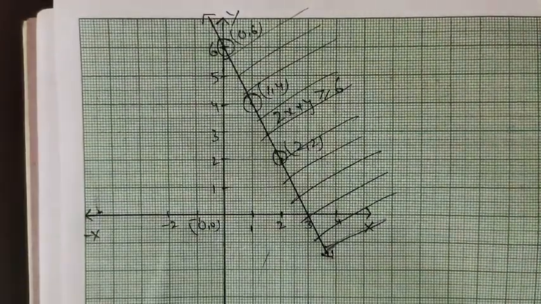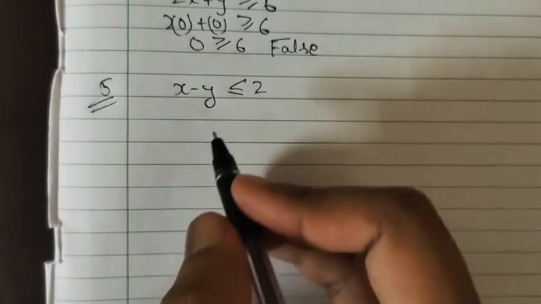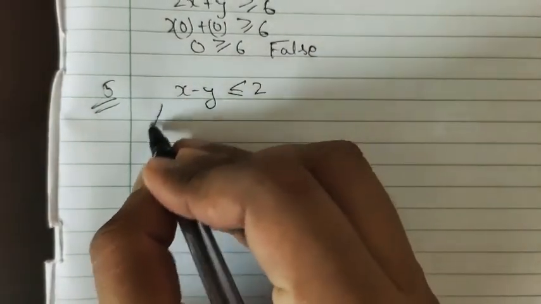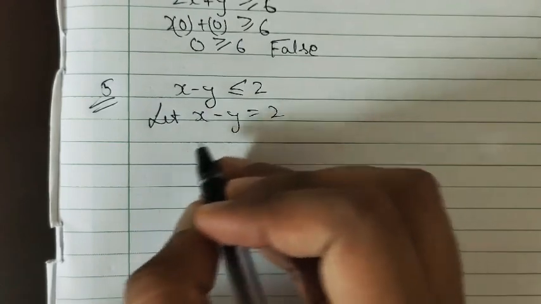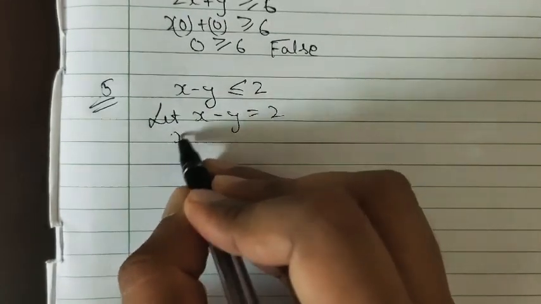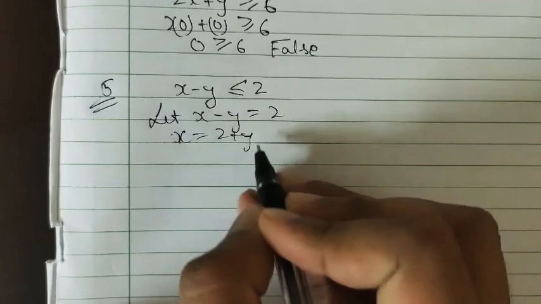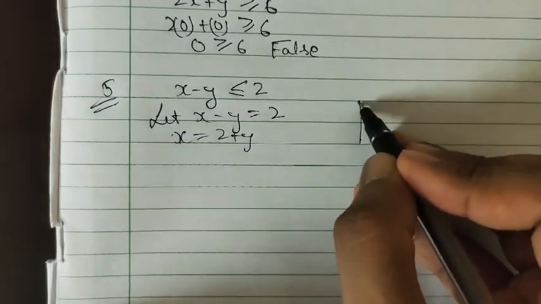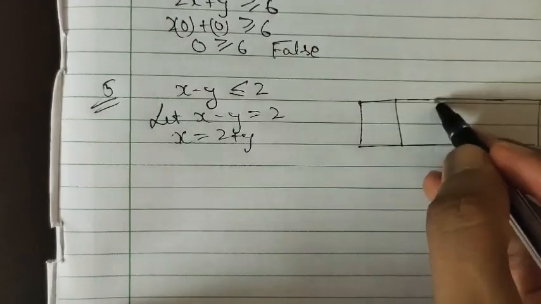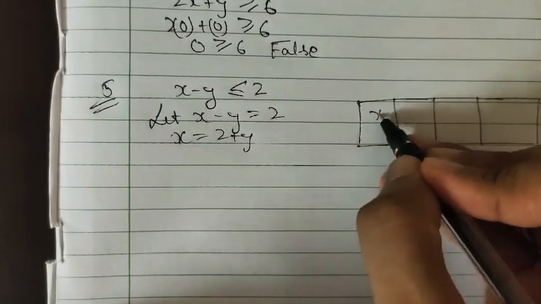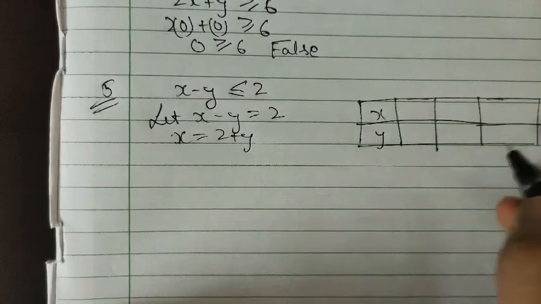Next, x minus y is less than or equal to 2. So again, let x minus y is equal to 2. So x is equal to 2 plus y. Now for every different value of y, we will have a different value of x, right? So x, y, right?